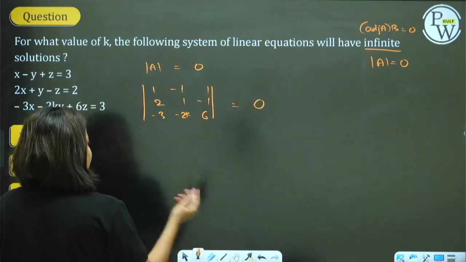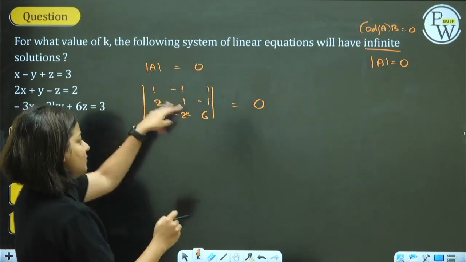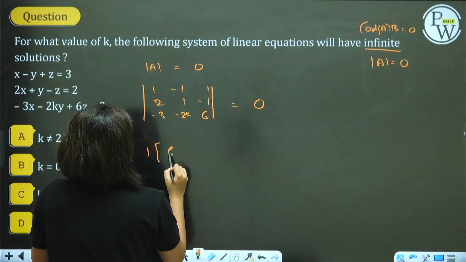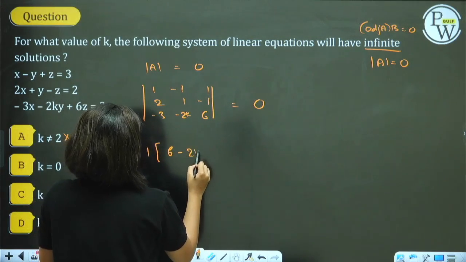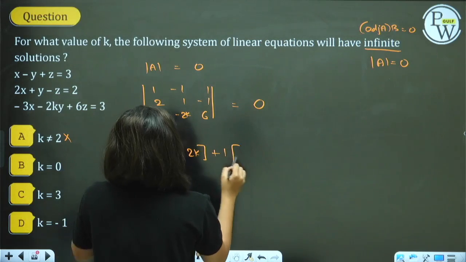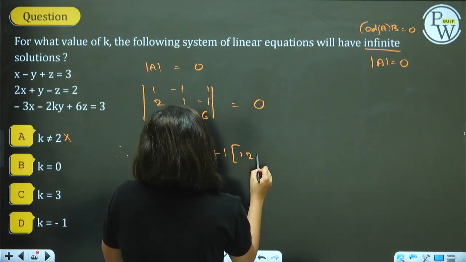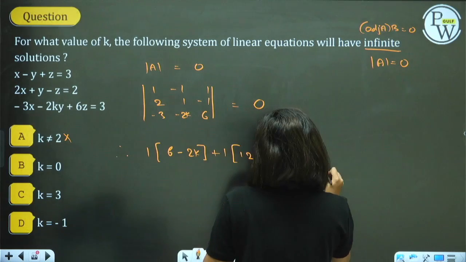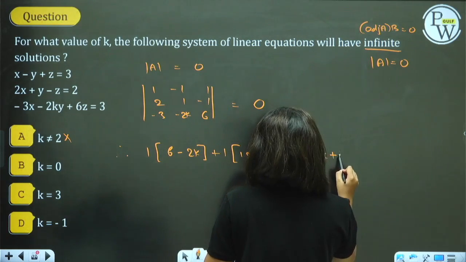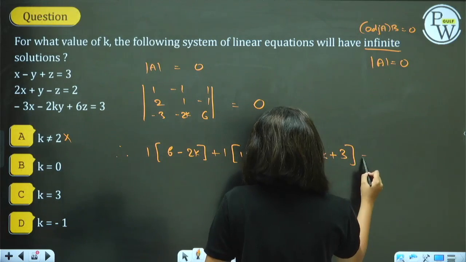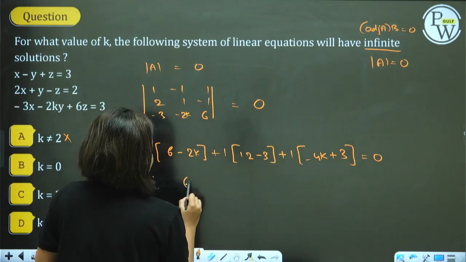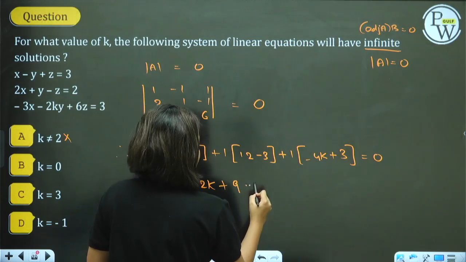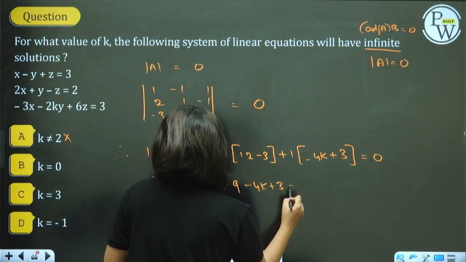Directly you can find, or you can just add these two columns to get maximum zeros, your choice. 1, 6 minus of minus 2k, minus of minus plus 1, 12 minus 3 and plus 1, 2 2s are minus 4k, minus of minus plus 3 should be 0. 6 minus 2k, 12 minus 3 is 9, minus 4k plus 3 is 0.